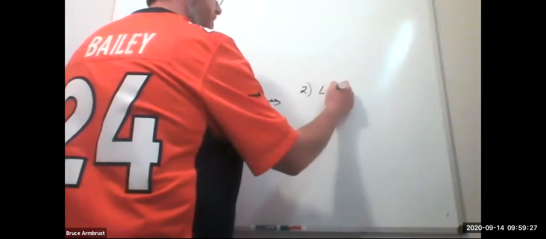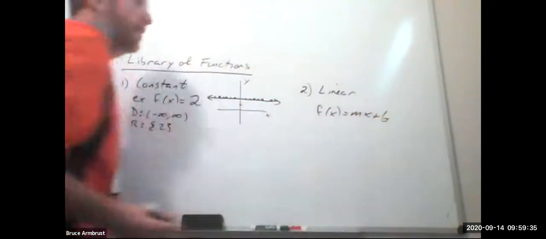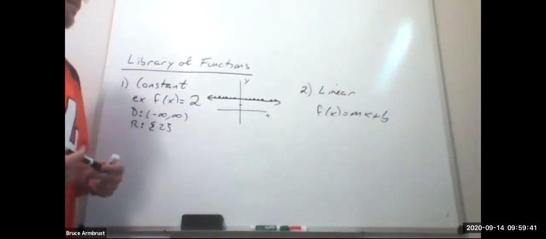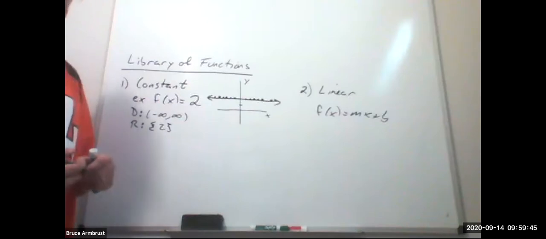Another set, if we kind of just bump it up a notch, are linear functions. So these are the guys that are f of x equals mx plus b. So you know all about those.